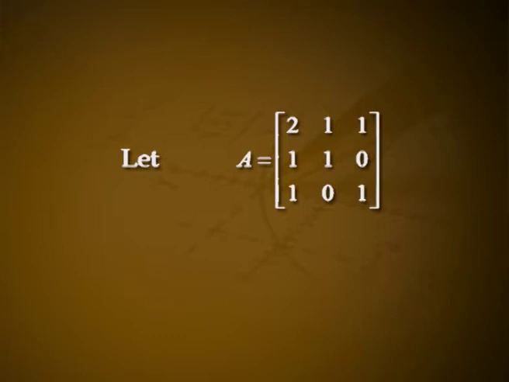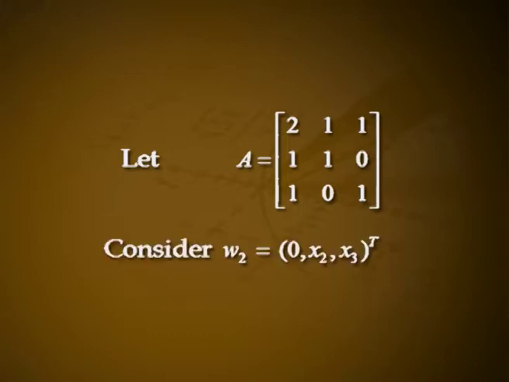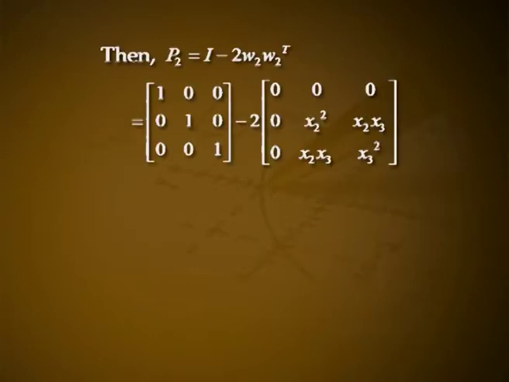Let the matrix A equal to the matrix with rows 2, 1, 1, 1, 1, 0, 1, 0, 1. Consider W2 equal to 0, x2, x3 transpose. Then P2 equal to I minus 2 W2 W2 transpose, that is equal to the matrix 1, 0, 0, 0, 1, 0, 0, 0, 1 minus 2 into the matrix with rows 0, 0, 0, 0, x2 square, x2 x3, 0, x2 x3, x3 square.